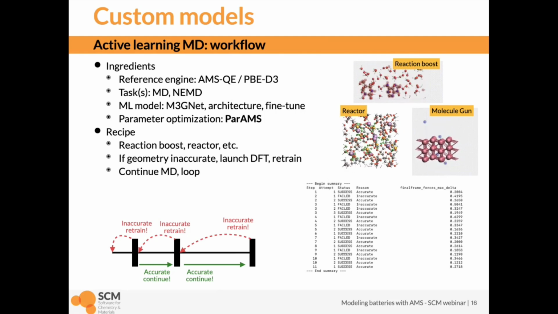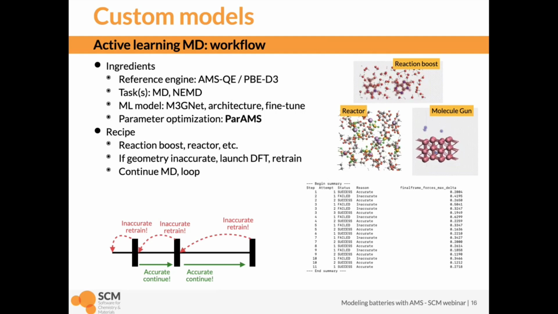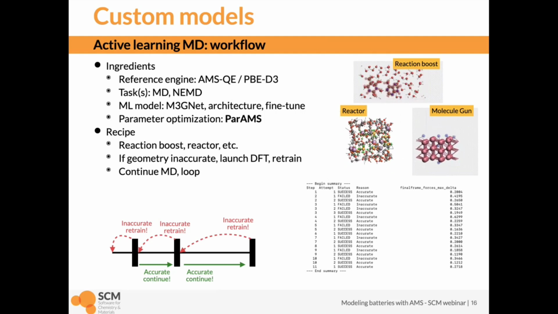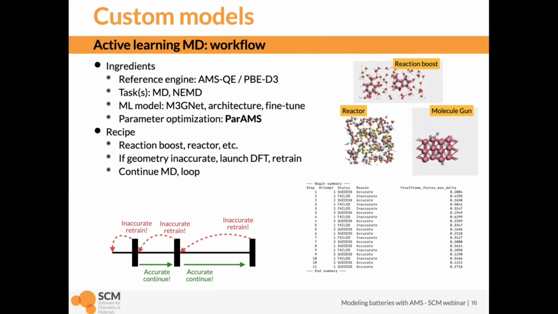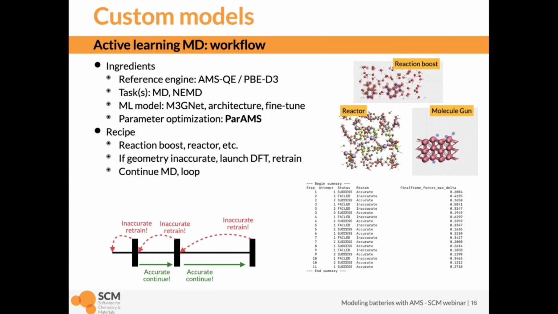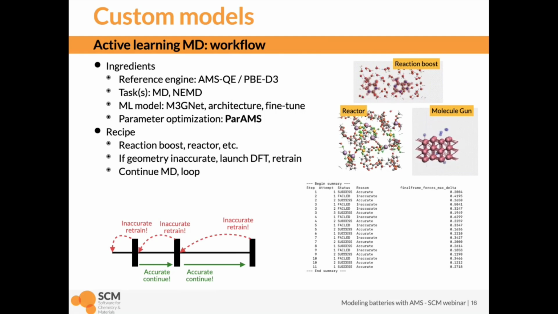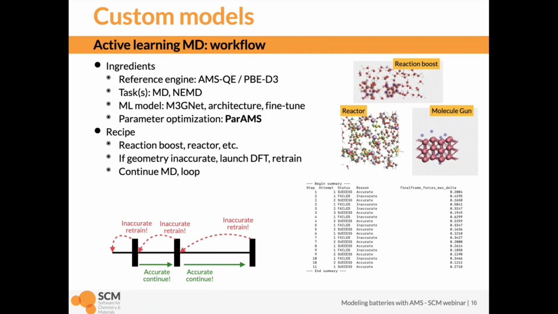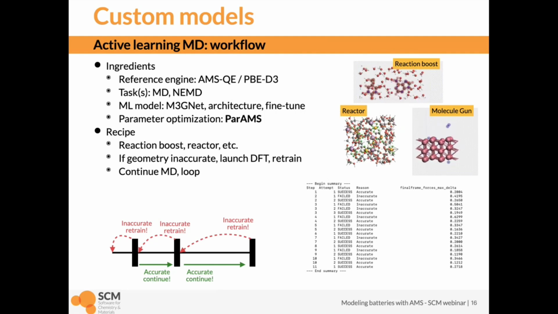So then it continued along the second section of the molecular dynamic simulation. At the second checkpoint, it failed, so it was not accurate enough. Therefore, it added some data to the data set, went back to the first checkpoint, trained the model, and continued, and it was a success on the second try. So in the end, you'll get a model that's going to be accurate enough along this entire trajectory.